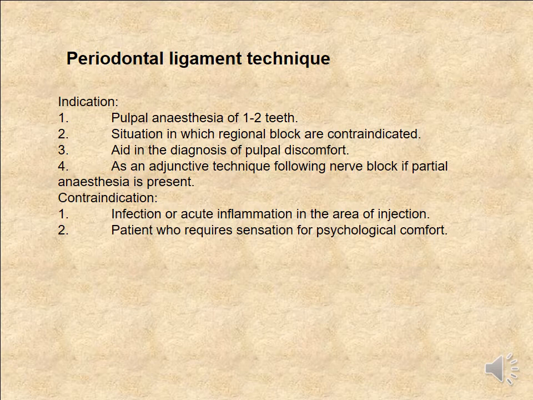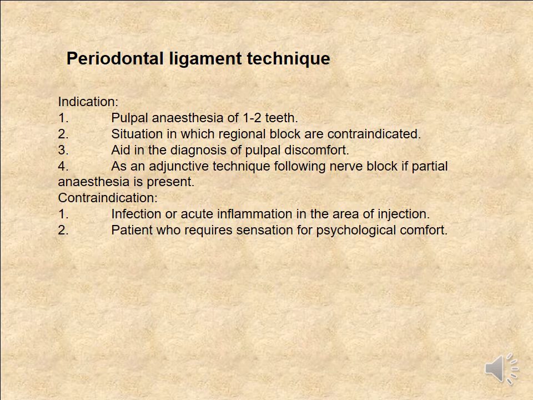In this technique we push the needle into the periodontal space, so the solution can diffuse to the apex of the tooth we want anesthetized. If there are two teeth, the apex of one or two teeth at the same time, only that is needed.